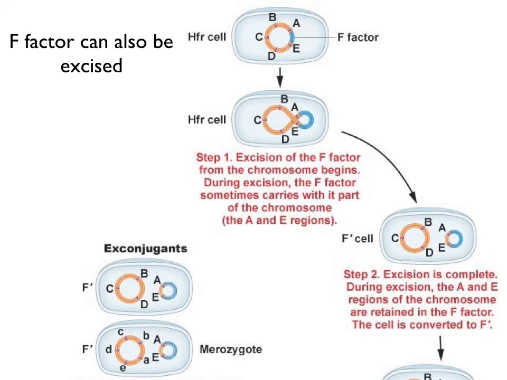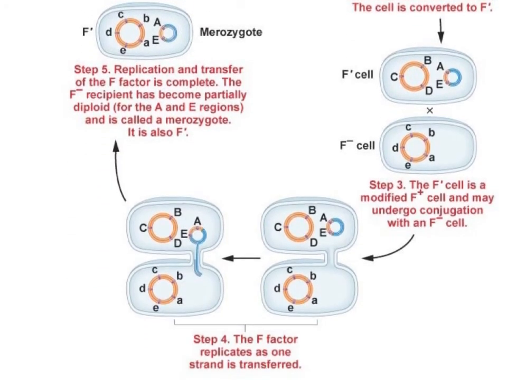Now, this excision of the F factor and creation of an F prime cell, due to the inclusion of some of these chromosomal genes into the F factor, creates another interesting opportunity for the interaction or conjugation of bacterial cells. So here we have on the top right an F prime cell that is going to interact with an F negative cell.